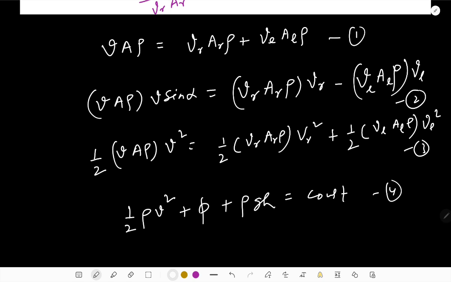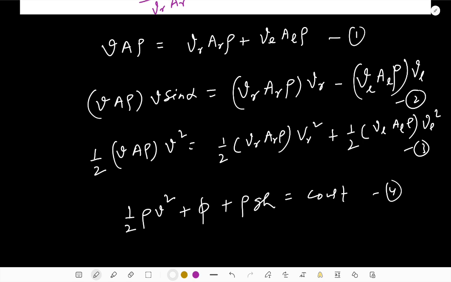This is equation number 4, Bernoulli's equation. The value of the expression is constant along a streamline. So let us apply this law to one of the streamlines connecting the water jet entering and the water jet leaving on the right or on the left side.